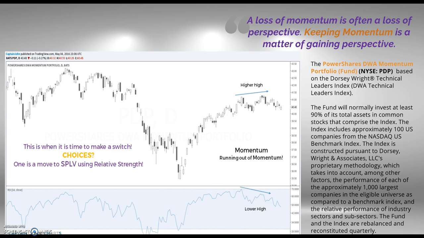Right. The other thing you should know about the PDP, the fund invests 90% of its total assets in common stocks that comprise the index. And so, like we have on the screen, the index includes approximately 100 U.S. companies from the NASDAQ benchmark index. And this is constructed pursuant to Dorsey, Wright and Associates, etc. You can read on the screen later.